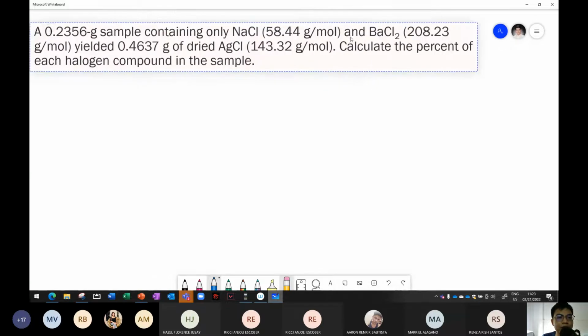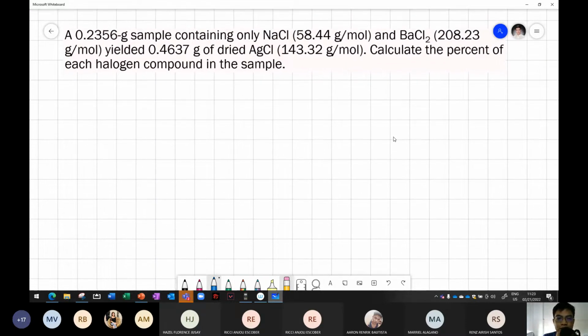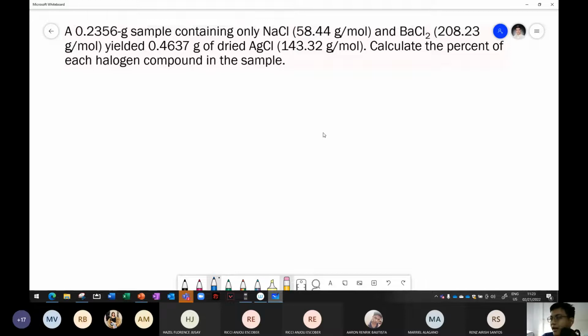By the way, in gravimetry, you really have to establish a story. Because with that story, you know what will happen. So be careful and look closely at our details. We have NaCl of a known mass mixed with barium chloride of a known mass, and their total mass is 0.2356 grams. What happened?